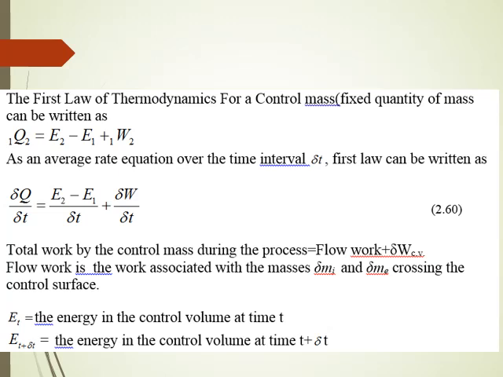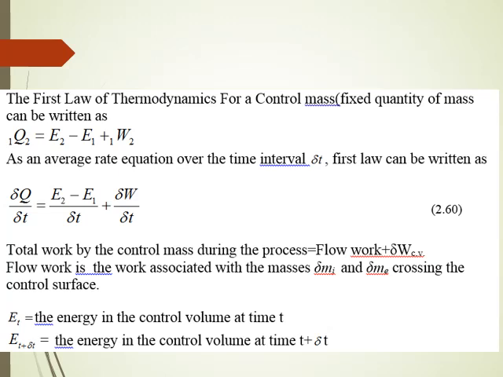So the first law of thermodynamics for a control mass, that is a fixed quantity of mass, can be written in the form 1Q2 is equal to E2 minus E1 plus 1W2. As an average rate equation over the time interval, the first law can be written in this form: delta Q upon delta t is equal to (E2 minus E1) upon delta t plus delta W upon delta t.